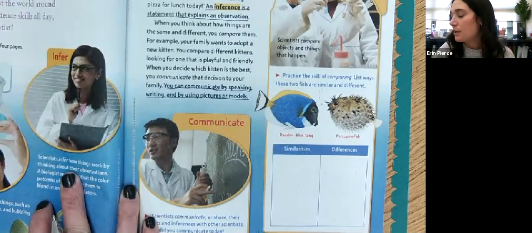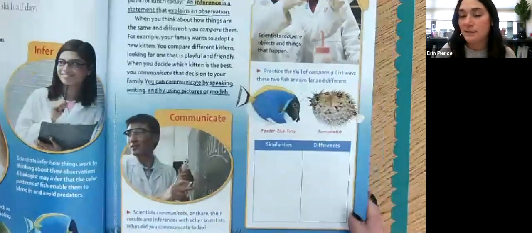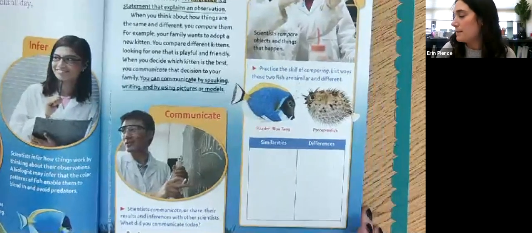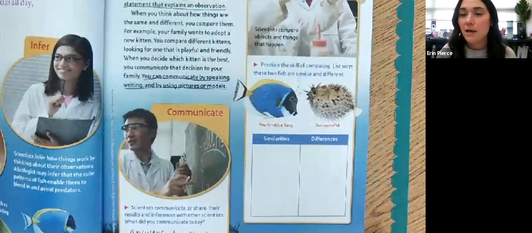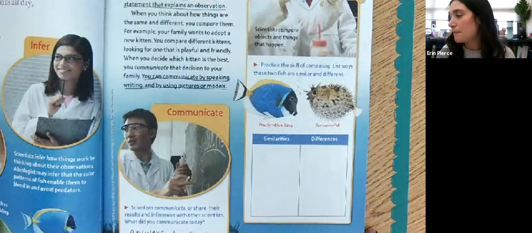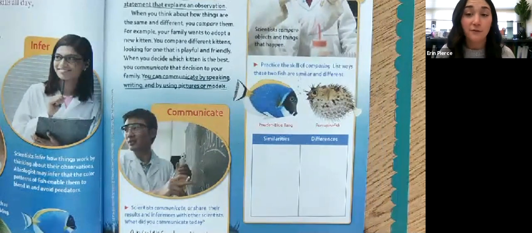All right, let's look at this comparison page on the right side of page 19. We have two different fish. Practice the skill of comparing. List the ways these two fish are similar and different. In what ways are they similar?